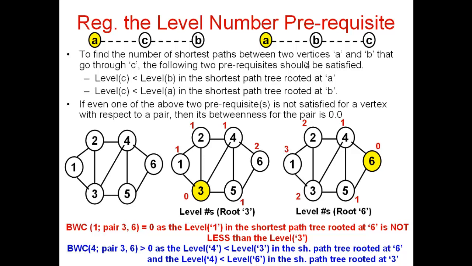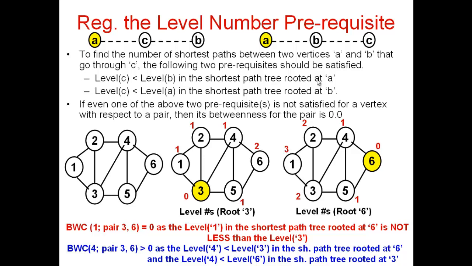Okay, so looking at the vertex C with respect to the pair AB, the level number of C should be less than the level number of B in the shortest path tree rooted at A. Similarly, the level number of C should be less than the level number of A in the shortest path tree rooted at B. So these two conditions in combination should be satisfied for the betweenness fraction of a vertex with respect to node pair AB to be greater than 0, otherwise it will be 0.